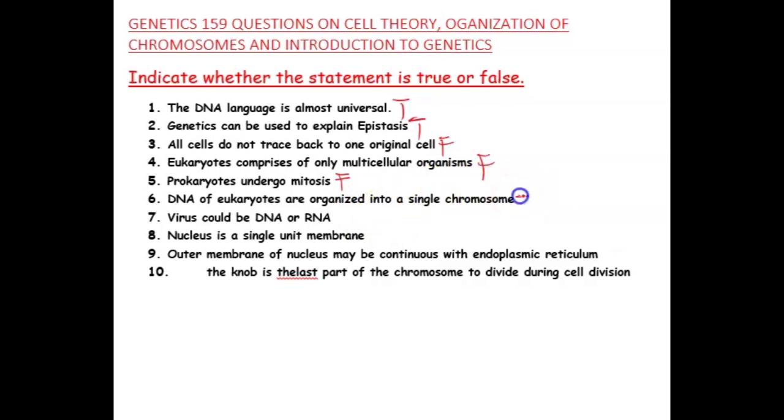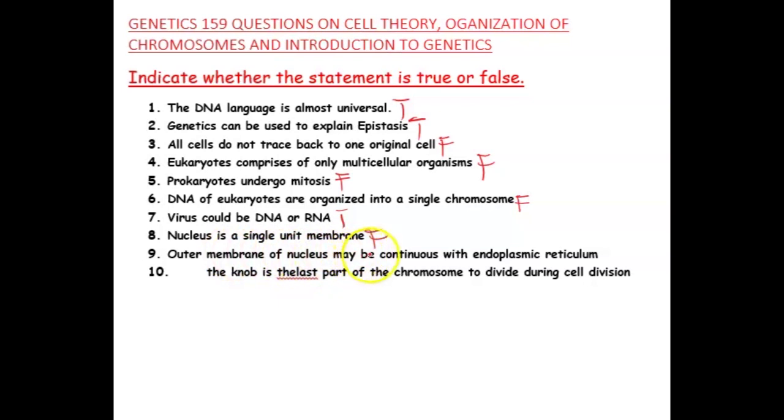This is also false. Viruses could be DNA or RNA. True statement. The nucleus is a single unit membrane. This is false. The nucleus is a 2-unit membrane with a fluid-filled space.